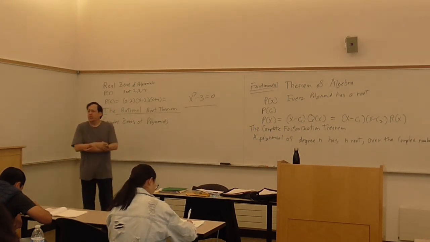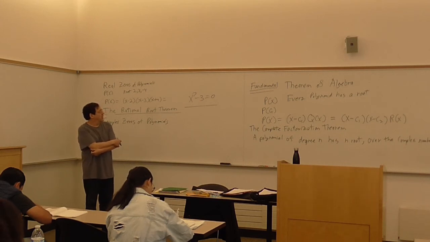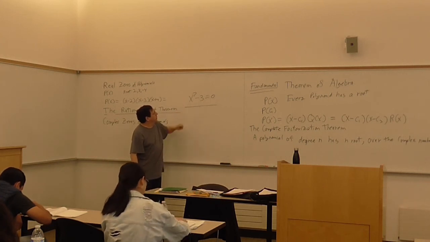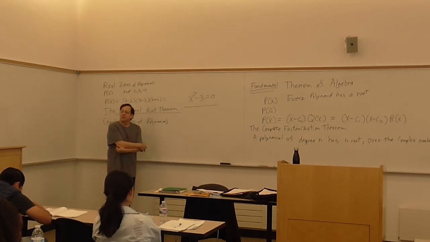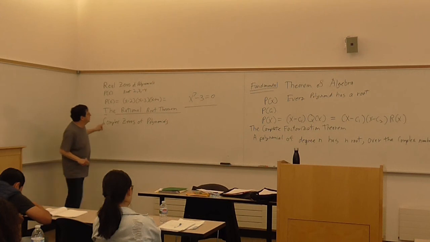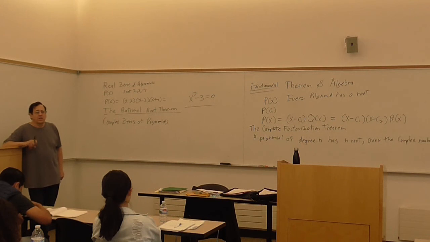Can anyone tell me why I know there are no rational roots to this? Because we learned how to do that today. What are the possible rational roots for this polynomial? You should know this by now. Somebody. What does the rational root theorem tell us? Are you looking it up, Albert?